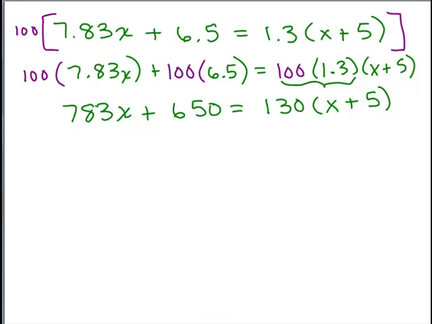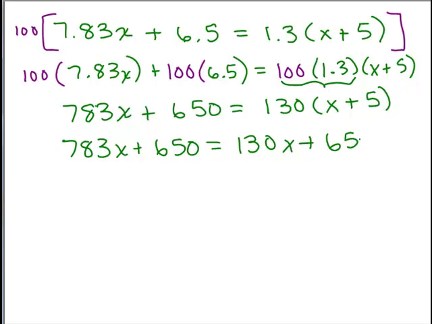All right, so now we have to do the distributive property. That's 130x plus, 13 times 5 is 65, plus put that extra 0 on there. Now we're going to get the variables on one side.